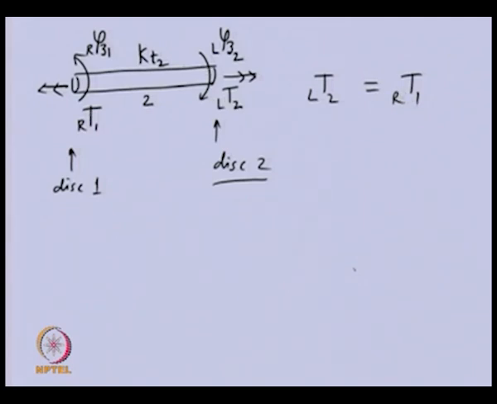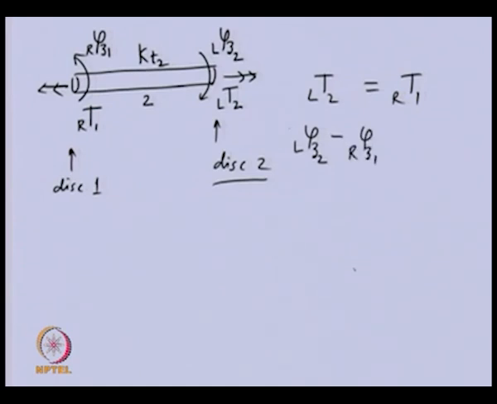And regarding the twist, whatever the relative twist between the two ends of the shaft, I am representing that as the angular displacement left of 2 minus the angular displacement right of 1.